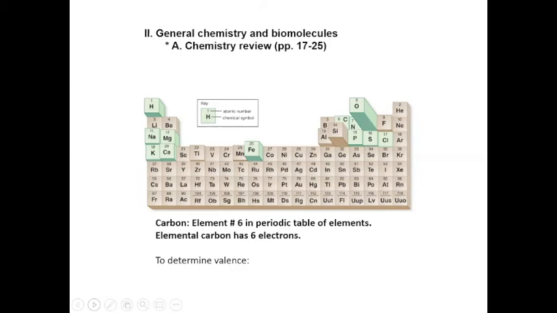So the second energy level can hold up to 8 electrons, or 4 pairs. Now, 2 are in the first level, so I still got 4 left. They don't pair up in this outer level.